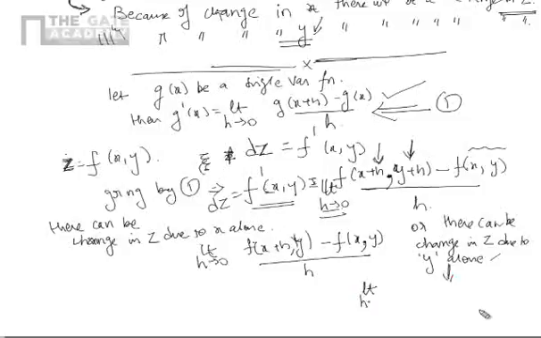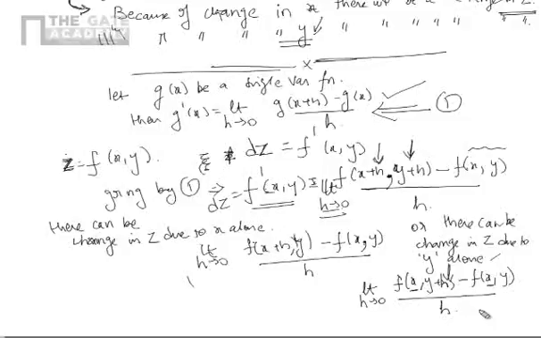Limit h tends to 0 of f of x comma y plus h, there is variation in y alone, there is no variation in x, divided by h. Correct?